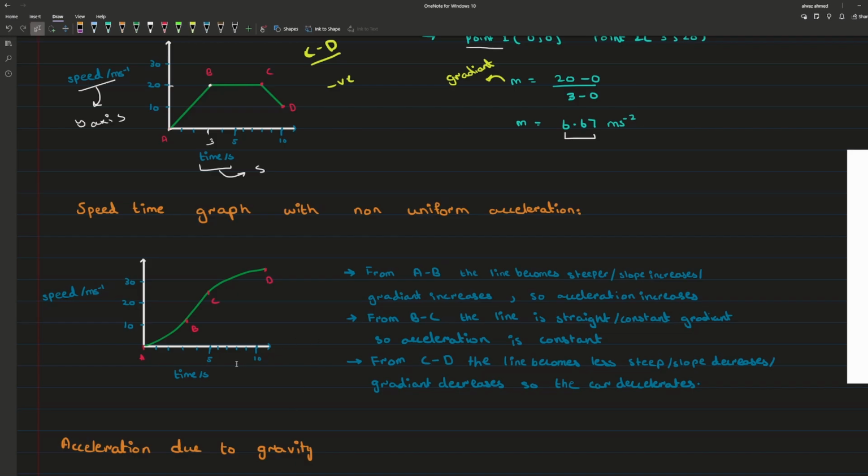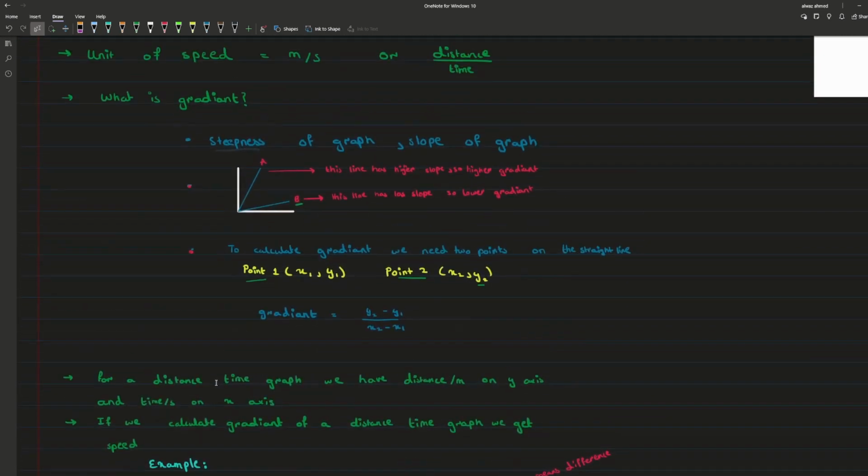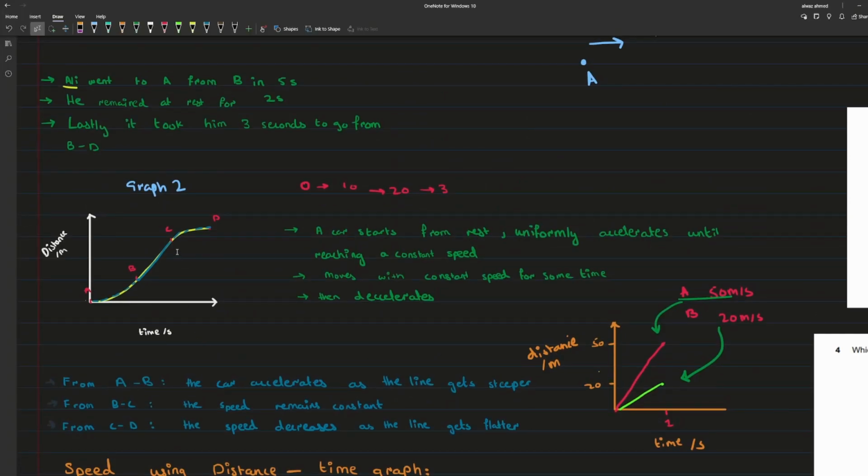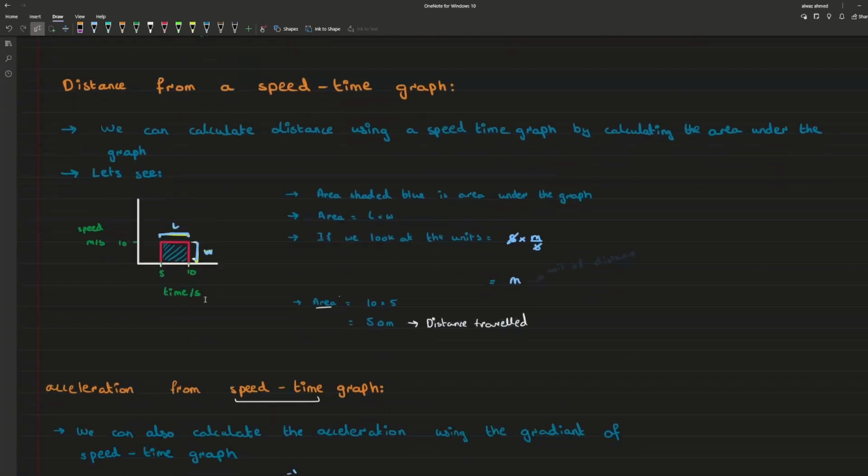So this is the speed time graph for non-uniform acceleration, and if we take a closer look at the distance time graph for acceleration, we can see that the shape of the graphs is very close. So let's try and understand the speed time graph with non-uniform acceleration.